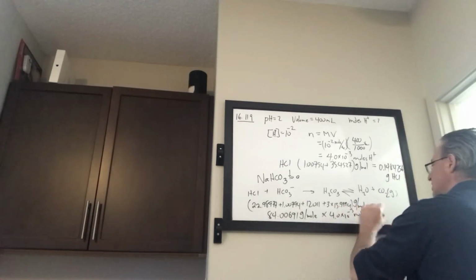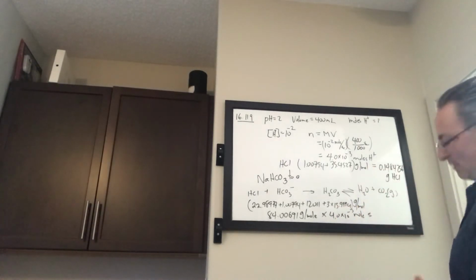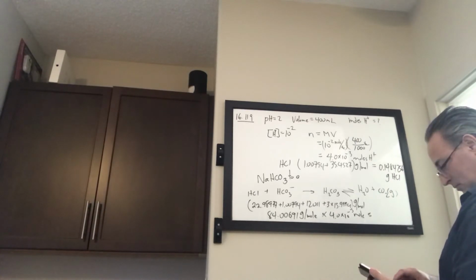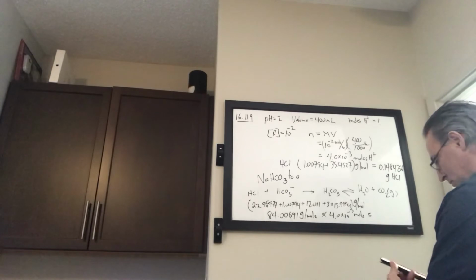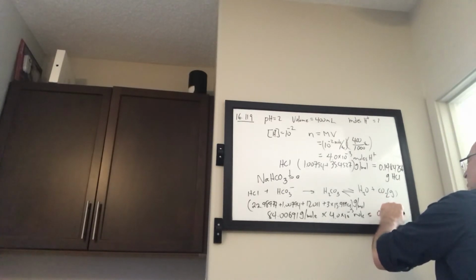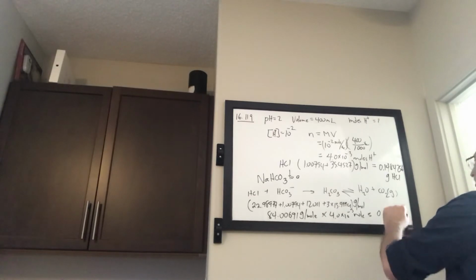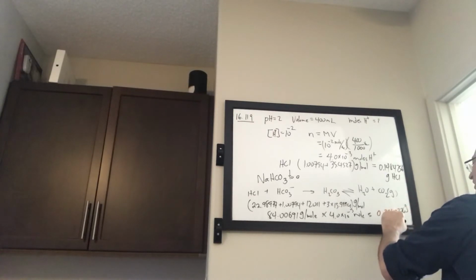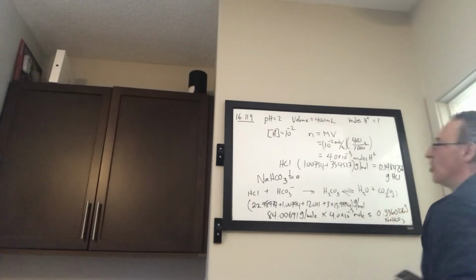So to neutralize that much concentration of acid, you need 0.3360276 grams of sodium bicarb, and you're going to report your answer to 2 sig figs.